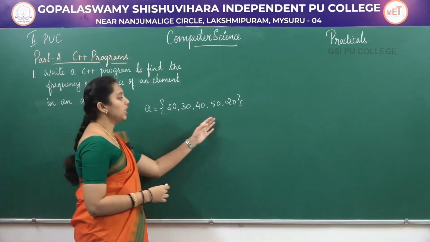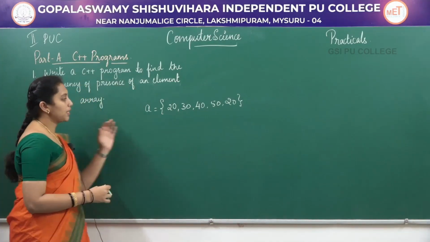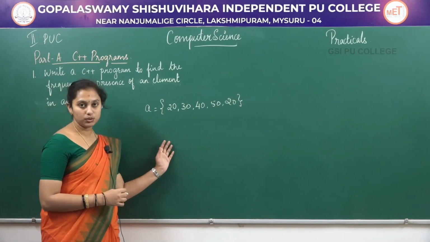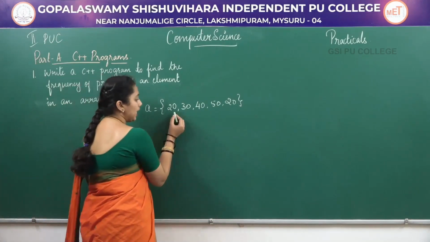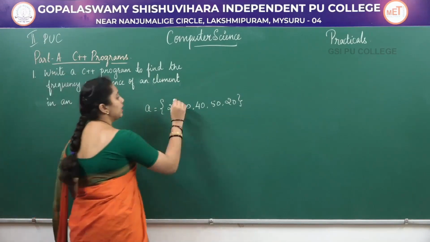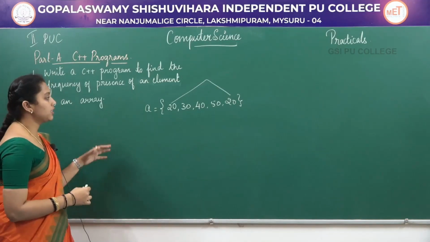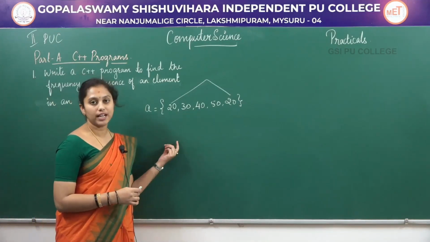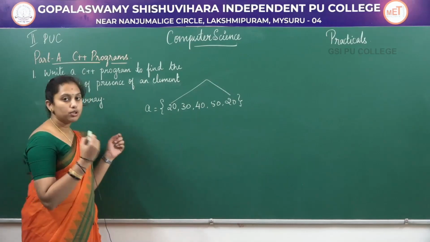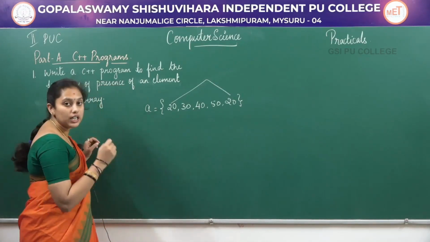Here we can come to know that the presence of an element 20 is 2. It is present twice in the array, right? So that is nothing but counting the occurrence of an element in an array.